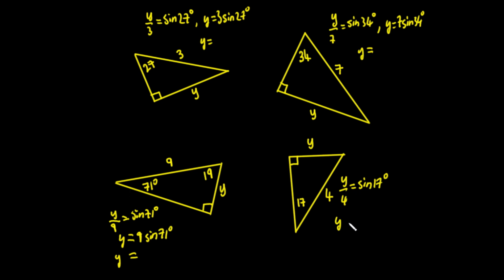So we can say then that y is equal to 4 sine 17 degrees. So if you go to the calculator and you type in 4 sine 17 degrees, it'll give you the length of y.